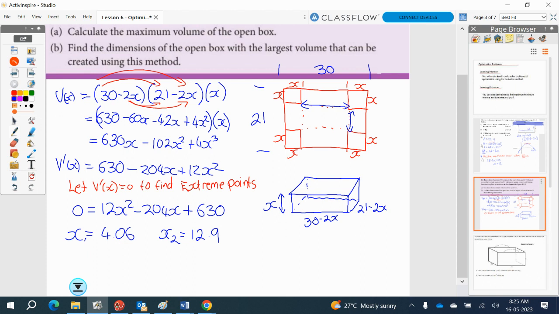The exponents have to be positive integers. If you've got a reciprocal, with x in the denominator, no. If you've got an exponential expression like e to the x or 5 to the x, no. So if the expression looks funny, it's not a polynomial.